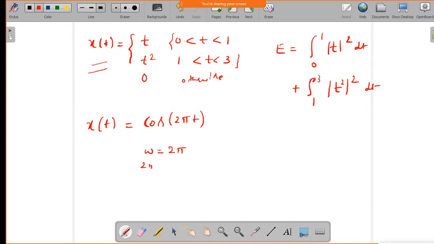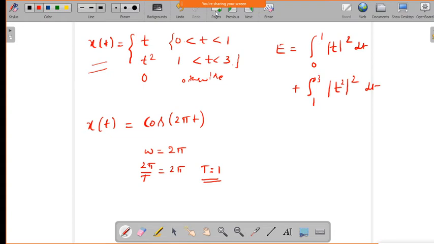So 2 pi by t equals 2 pi, so t equals 1. Now substitute the value of t and you can find the power of the signal. Okay. Use the equation, find the t, substitute the t value and you can find the power. Okay. So this is about the energy and power signals.